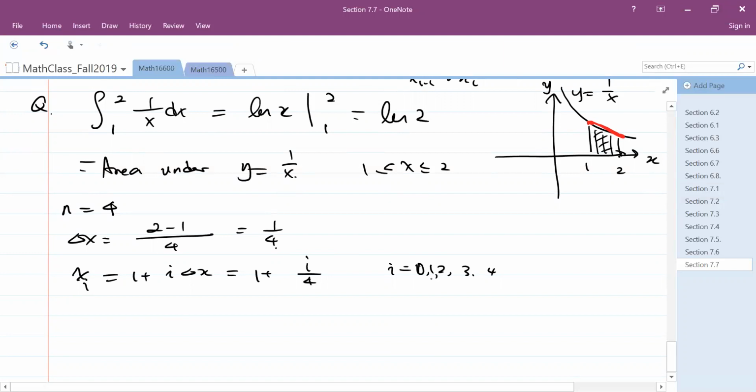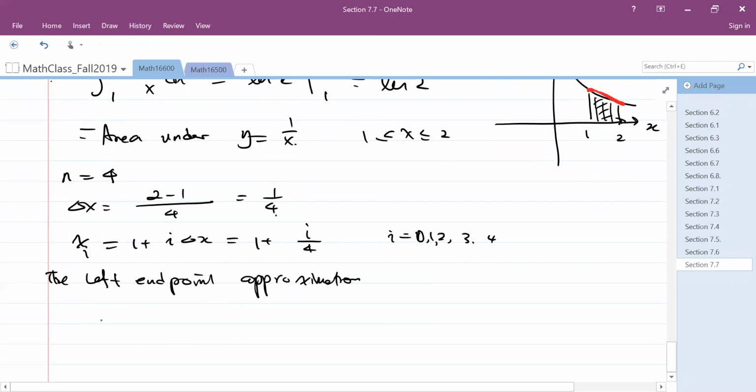So let's look at the left endpoint as approximation. The left endpoint approximation with n equals 4 is the sum starting from i equals 1 of f(x_{i-1}) delta x, because you use the left-hand point.